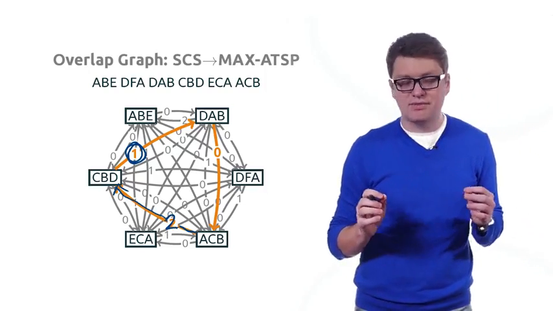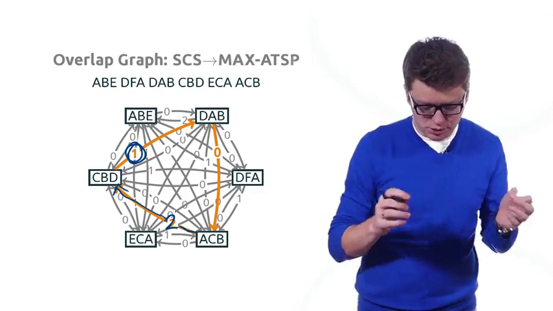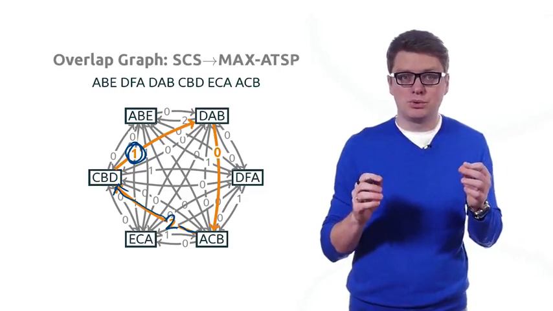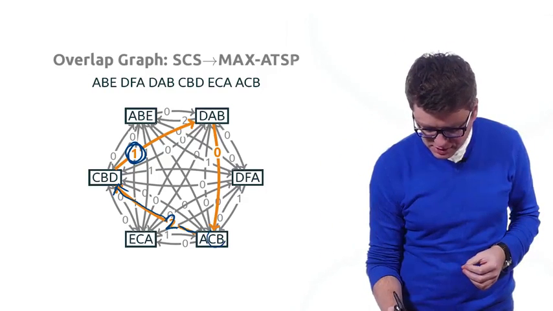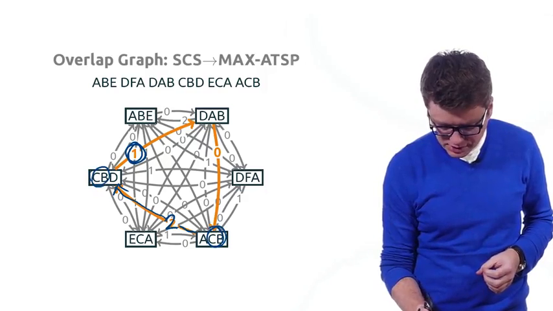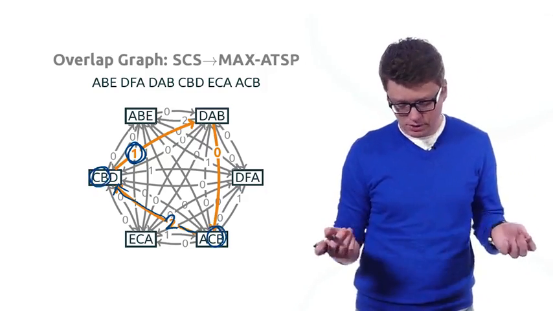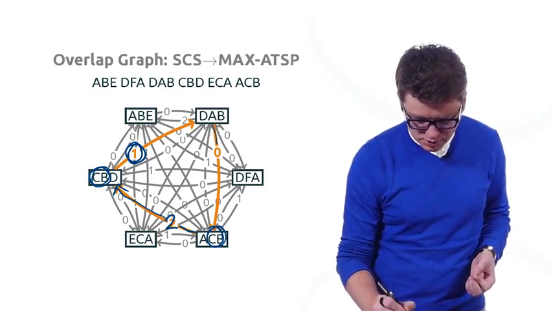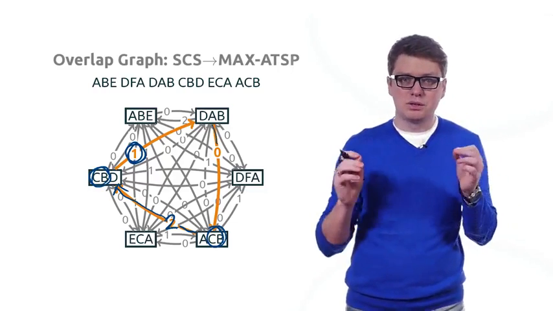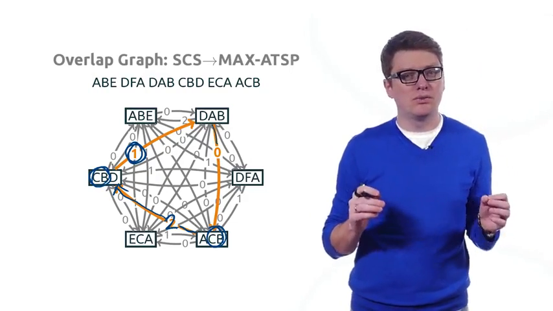This just reflects the fact that the overlap from ACB to CBD is equal to 2, because the suffix CB is equal to the prefix CB of the second string. On the other hand, here we put 0 from DAB to ACB because they do not have any non-trivial overlap.